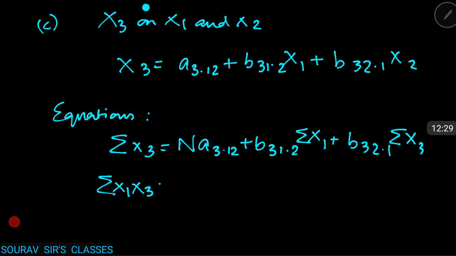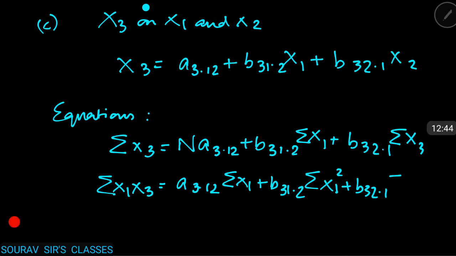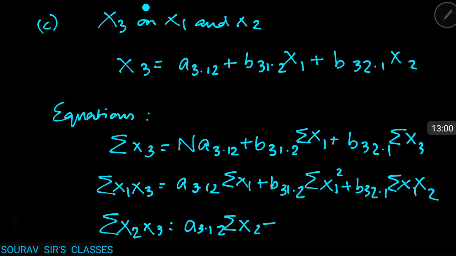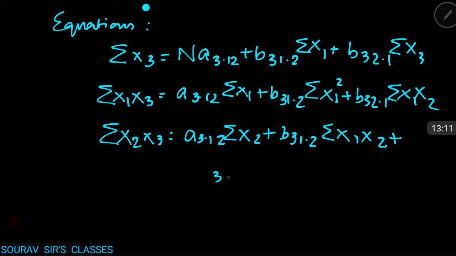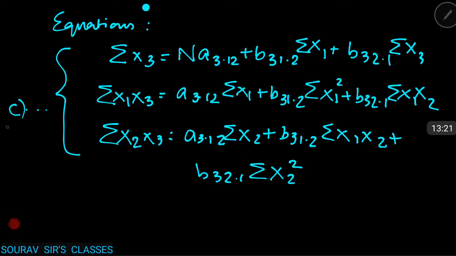Summation x1 x3 is equal to a 3.12 summation x1 plus b 31.2 summation x1 square plus b 32.1 summation x1 x2, and summation x2 x3 is equal to a 3.12 summation x2 plus b 31.2 summation x1 x2 plus b 32.1 summation x2 square. Let the above three be equation C.